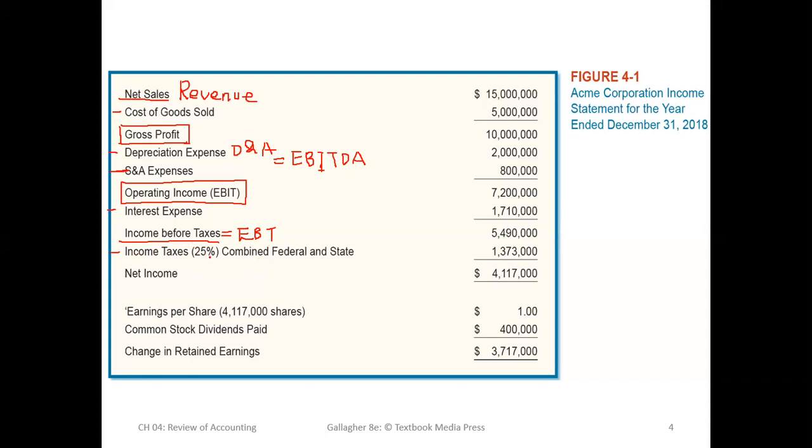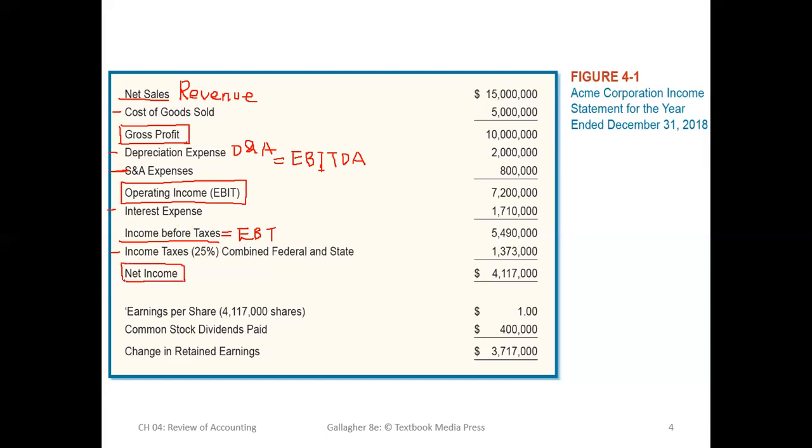The income tax is going to be a percentage, let's say 25% of your EBT. The income before tax minus the tax rate times your income before tax will give you the net income.